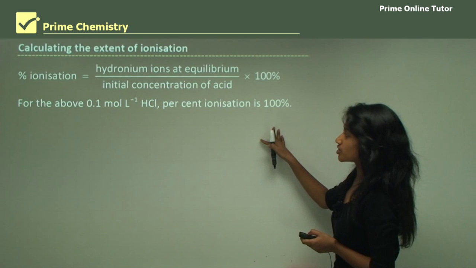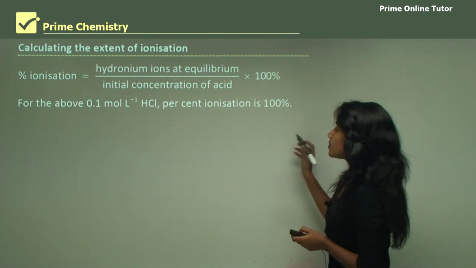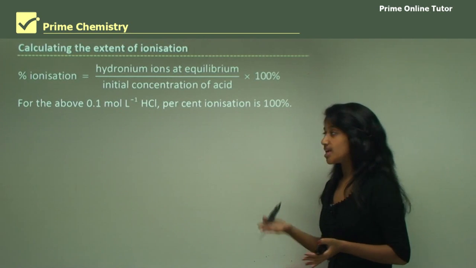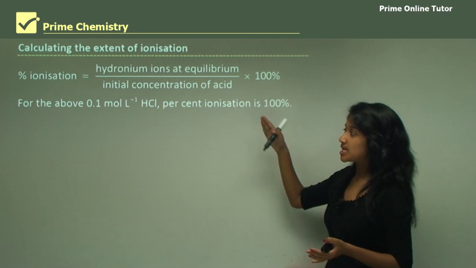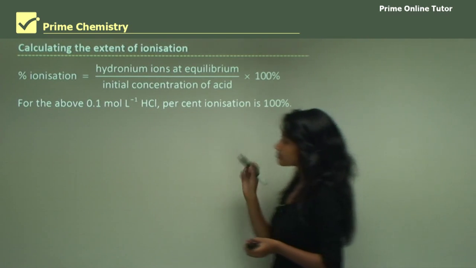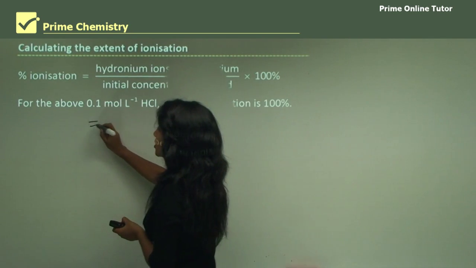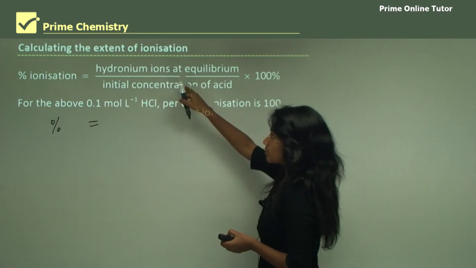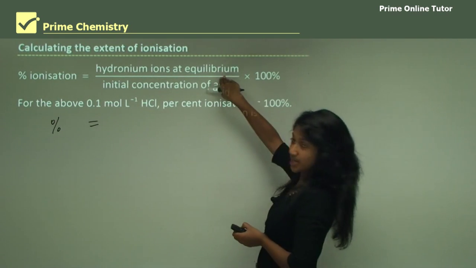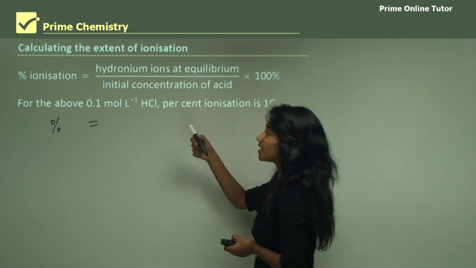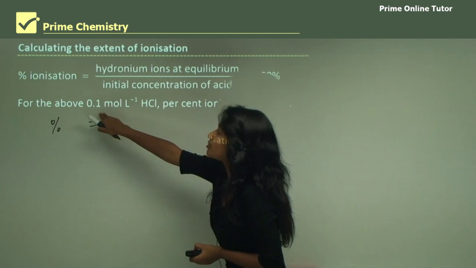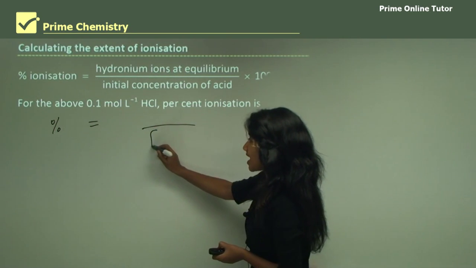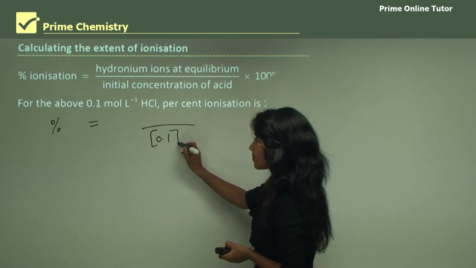So let's look at hydrochloric acid, for example. We know that hydrochloric acid has a 100% ionization rate because the hydronium ions equal the concentration of the acid. We'll work it out. The degree of ionization is equal to the hydronium ions at equilibrium over the initial concentration. Let's say for this one, we have 0.1 moles of HCl, so the initial concentration of the acid is 0.1.